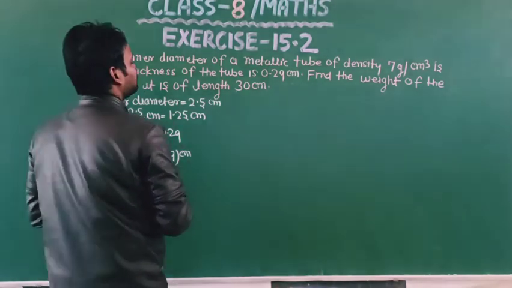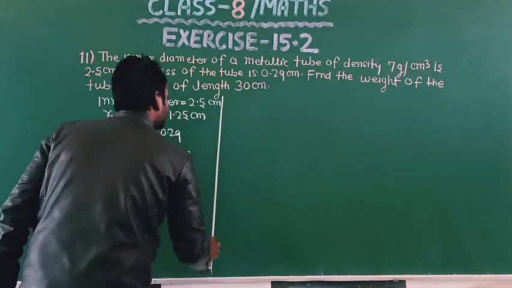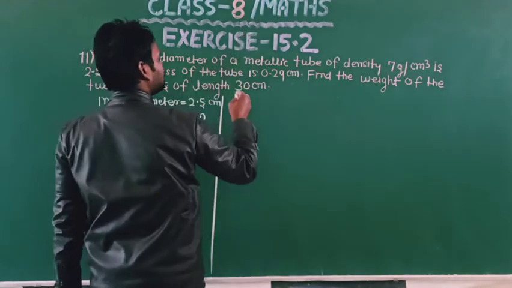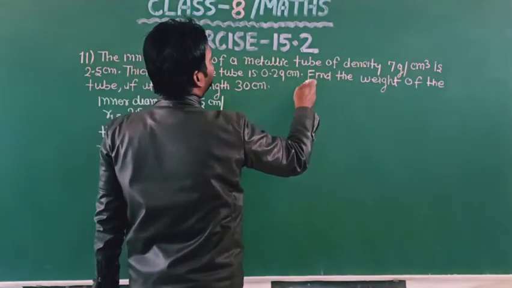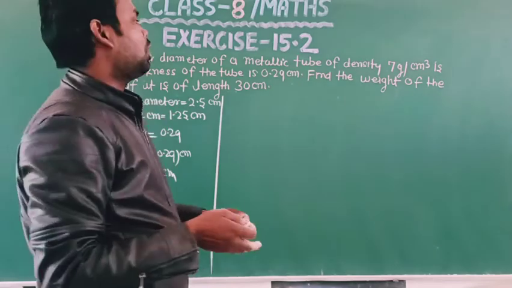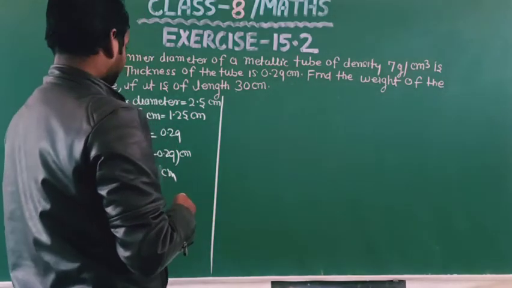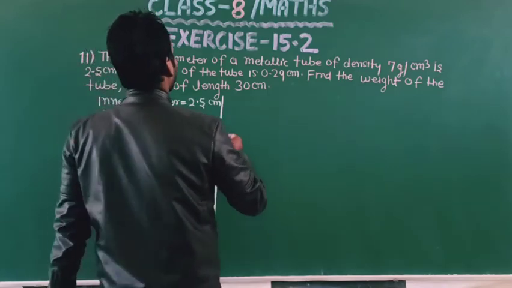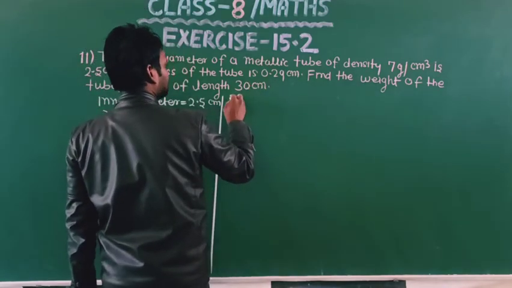Therefore, to find the weight of the tube, first we have to find the volume of the metallic tube.